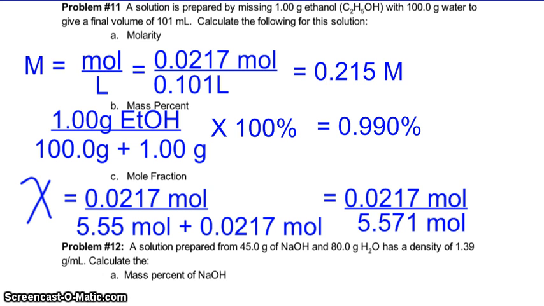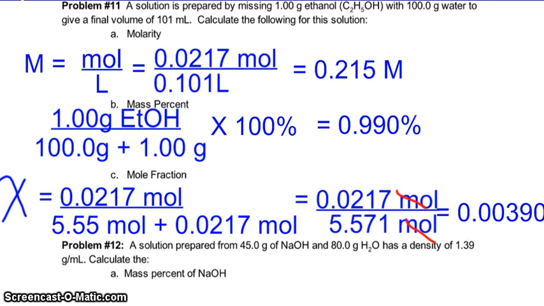Now notice something. Do you notice that the moles are going to cancel out? And so your mole fraction, you don't have a unit with. You just leave it unitless. And so after you do that, you calculate and get 0.00390 is your mole fraction. Notice again, there's no units on mole fraction.